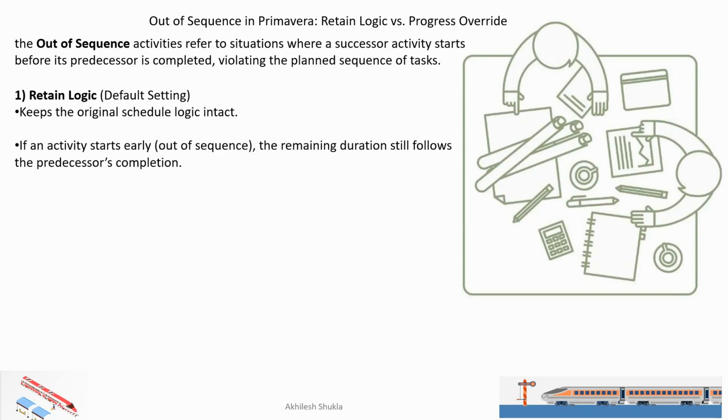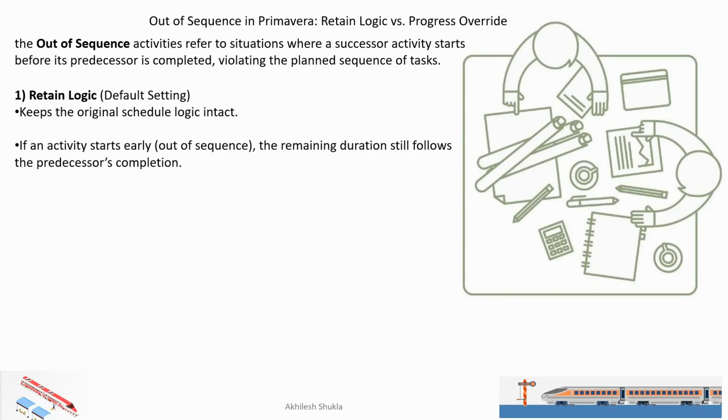If an activity started early, out of sequence, the remaining duration still follows the predecessor's completion. Suppose A, B, and C. Activity C is started, A is completed, C is 50% completed. What is going to happen in Primavera?